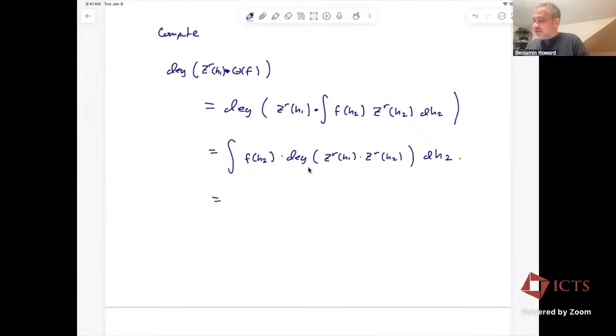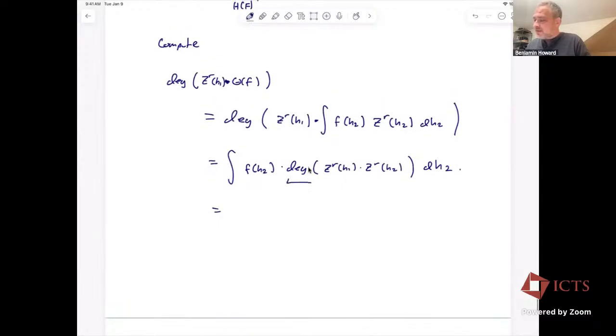But this is the doubling kernel, or its Rth derivative.